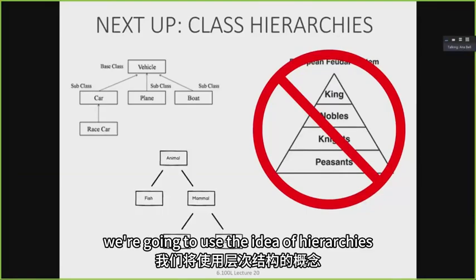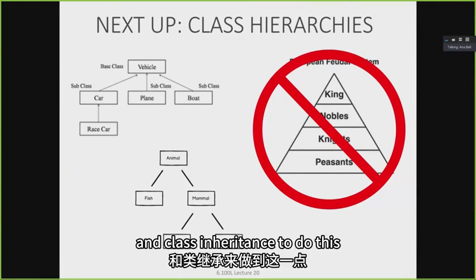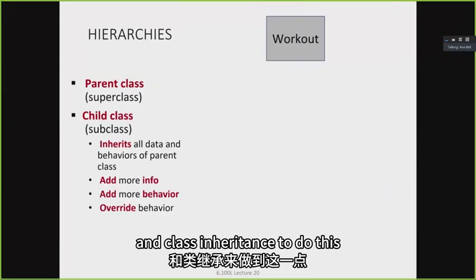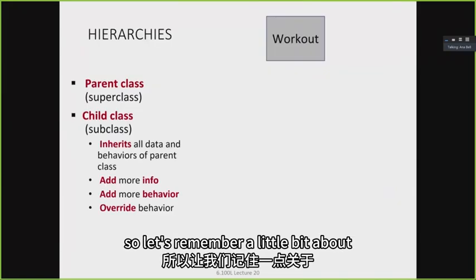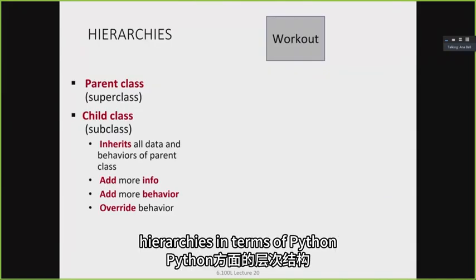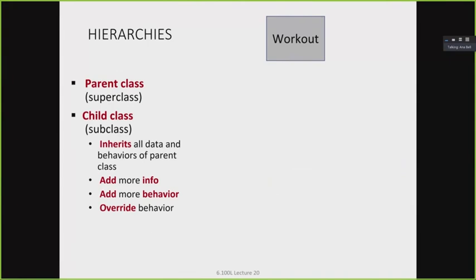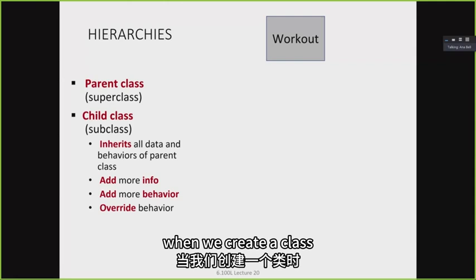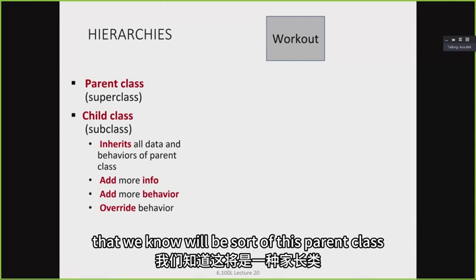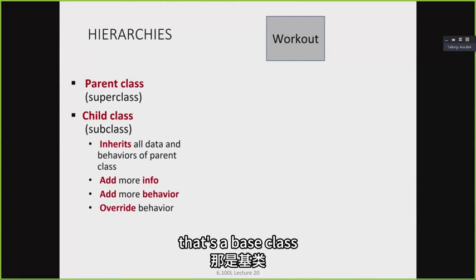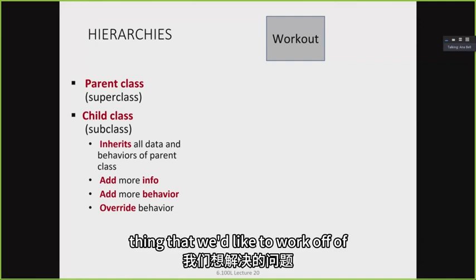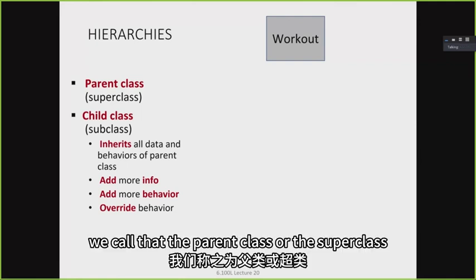And so we're going to use the idea of hierarchies and class inheritance to do this. So let's remember a little bit about hierarchies in Python. When we create a class that we know will be this parent class, that's a base class, the most basic thing that we'd like to work off of, we call that the parent class or the superclass.